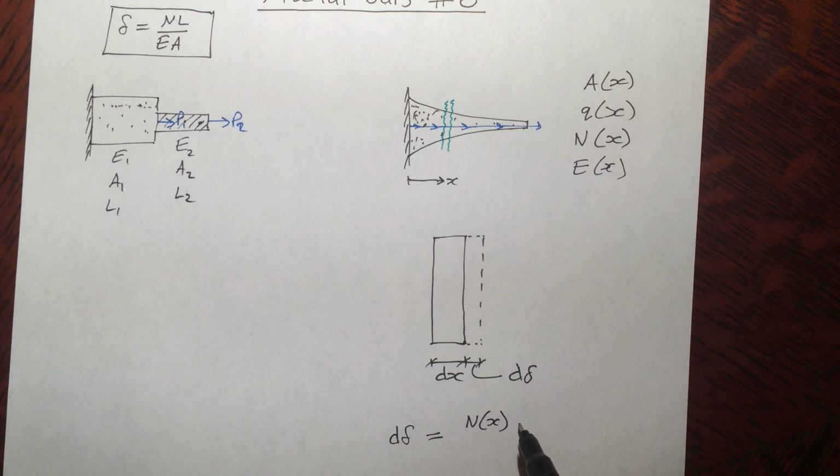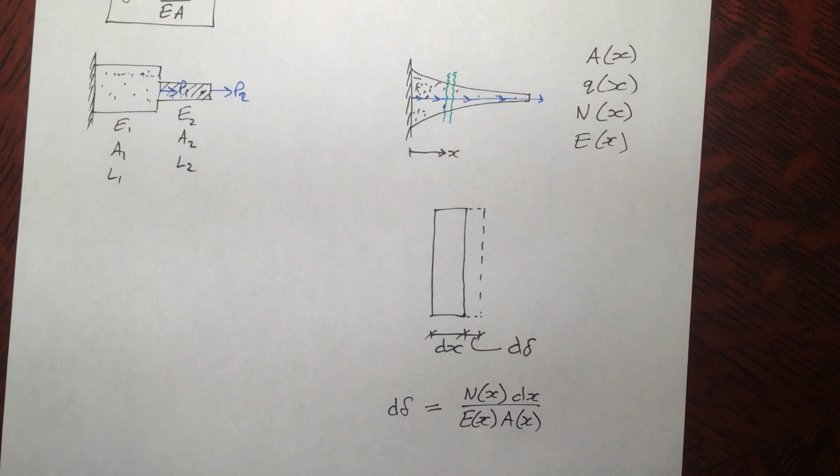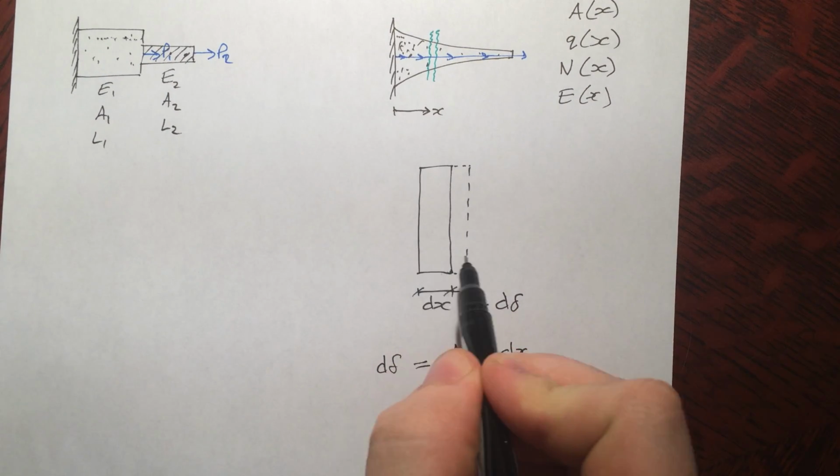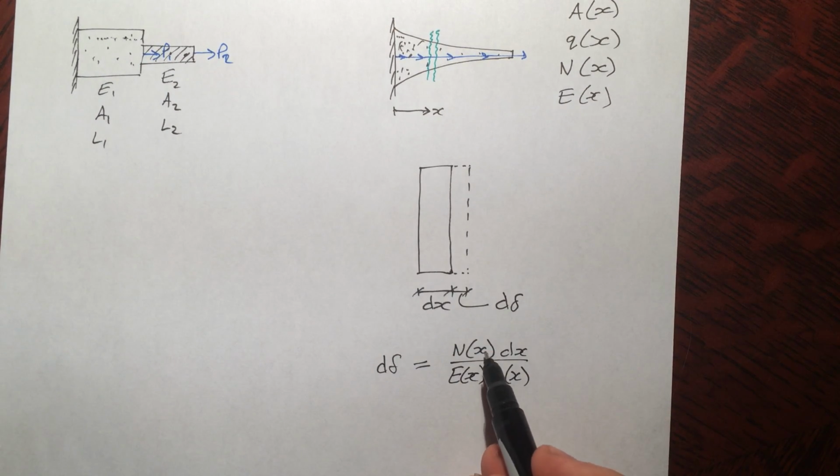Well, the length of this piece is dx, over the E of that piece. Well, that's just E as a function evaluated at that point. And then the same with area, the A at that point. There we go. That's all there is to it. The elongation of this tiny differential piece is equal to all the properties at that point.